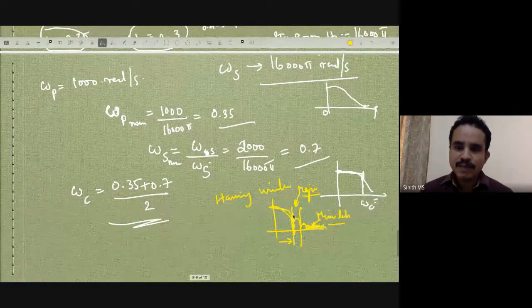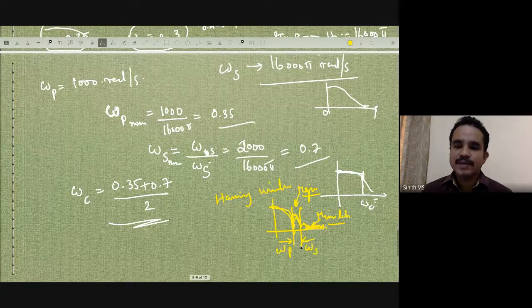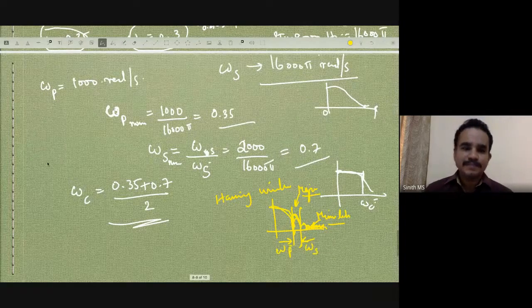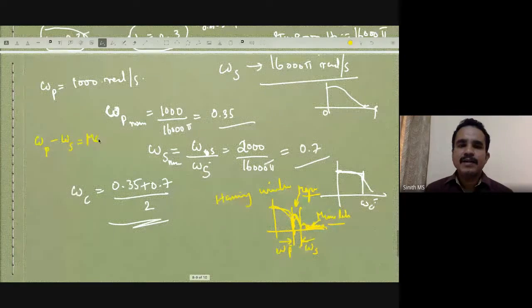The major lobe decides the transition bandwidth, that is omega p minus omega s, where omega p is the pass band edge and omega s is the stop band edge. So each window has a major lobe width.